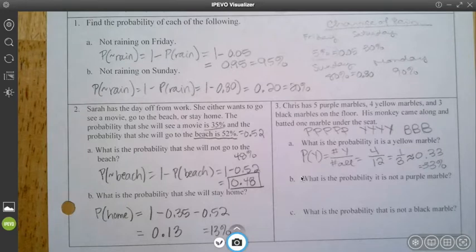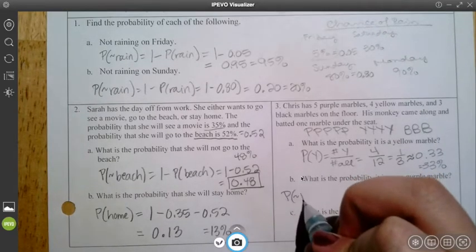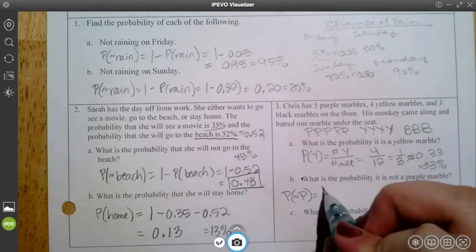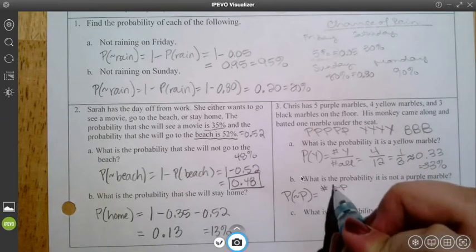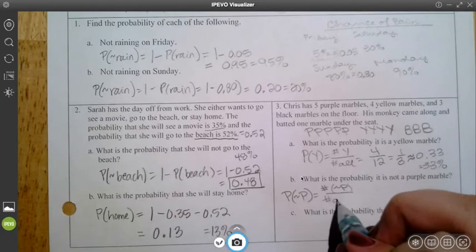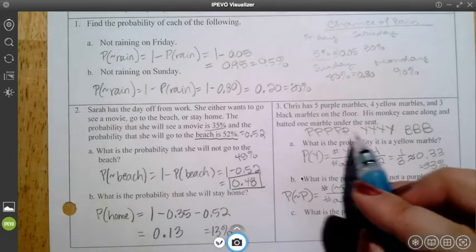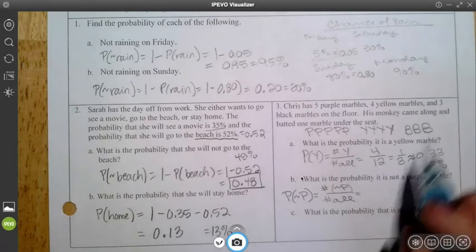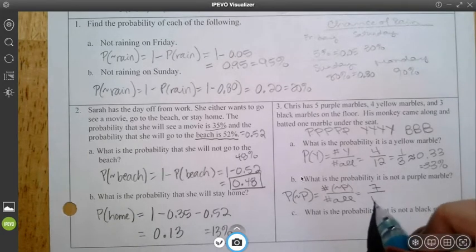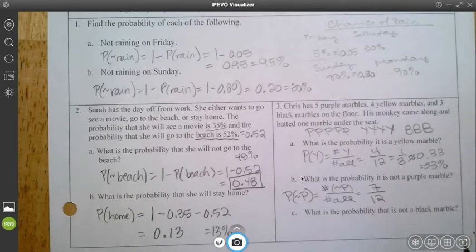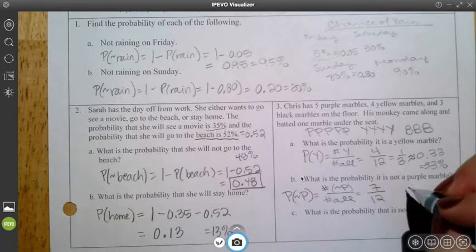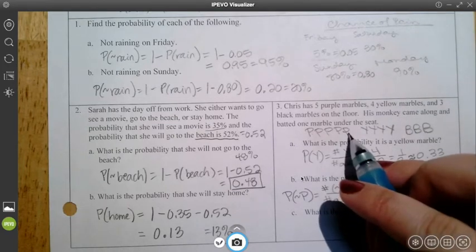What is the probability that it is not a purple marble? Probability of not purple. So we want to know the number of not purple over all. Well, 5 of them are purple, so 4 and 3 is 7 are not purple over all 12. The other way we can do this is we can say how many are purple and subtract that from 1.